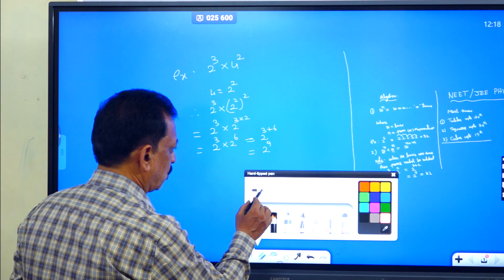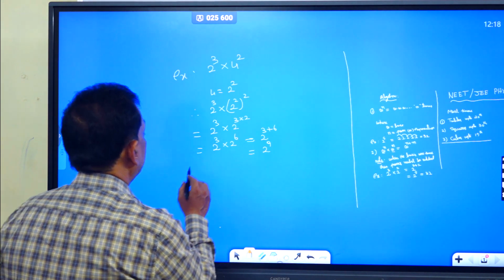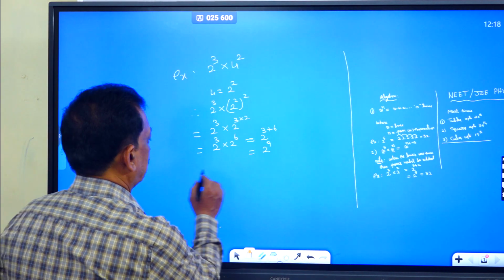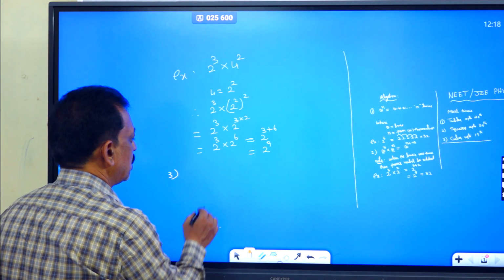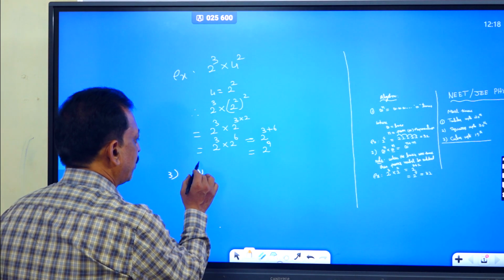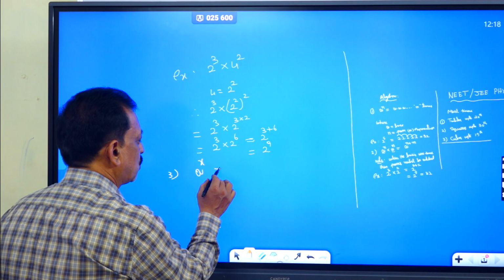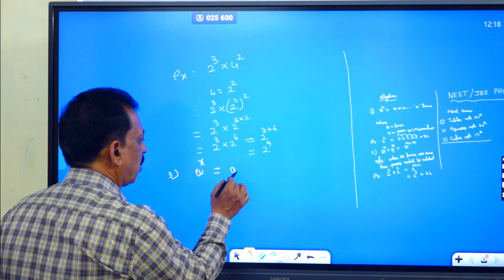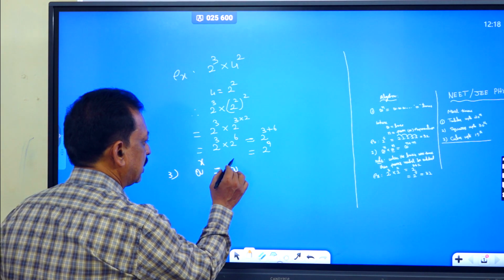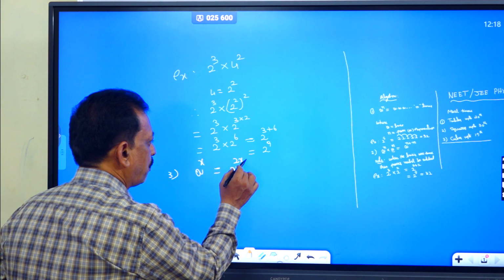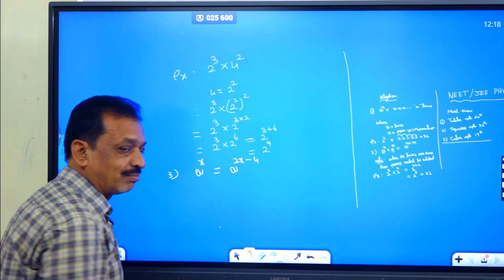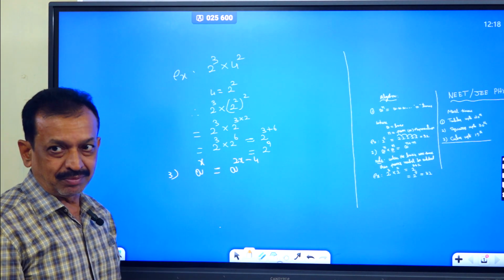Now coming to the next concept, the third one. a to the power of x is equal to a to the power of 2x minus 4. This is called an equation.